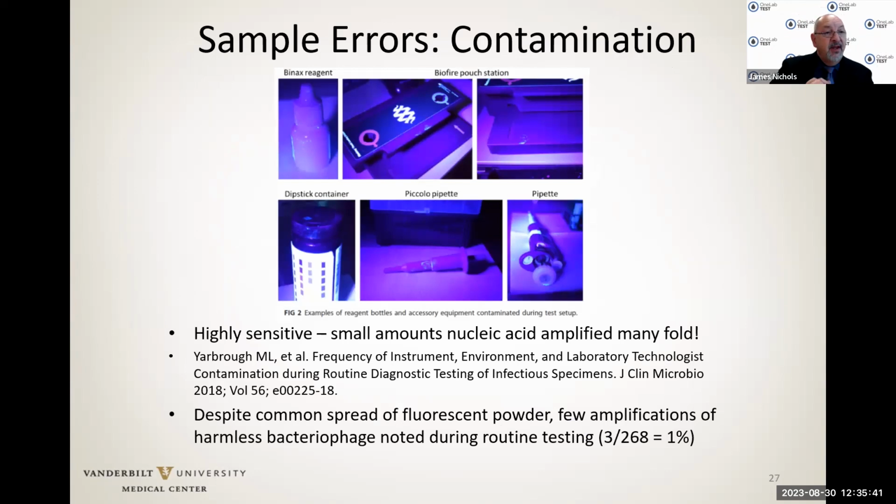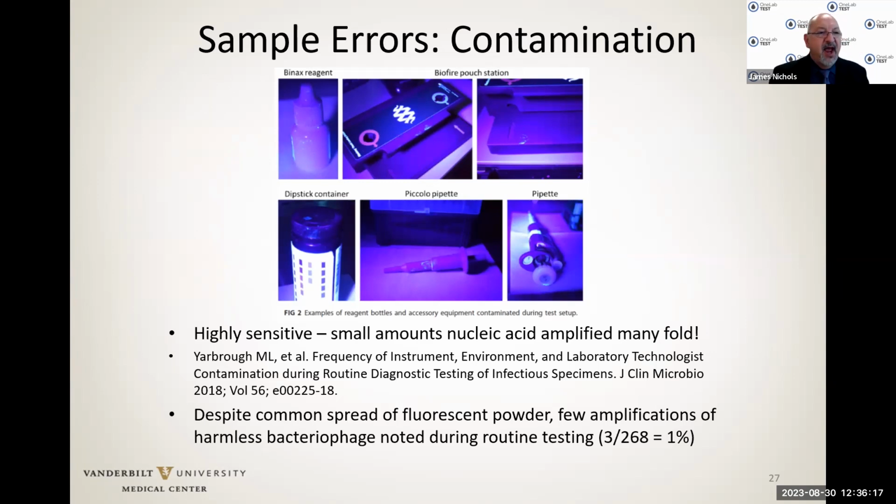So, sample errors, what can go wrong? We have to be concerned about contamination. And I found some papers by Yarborough, and what they did was they put a fluorescent powder that they doctored with the bacteriophage, and they watched how handling of specimens, even with gloved hands, was transferring this bacteriophage amongst the different environmental surfaces.